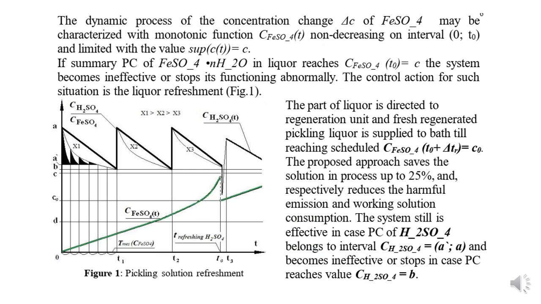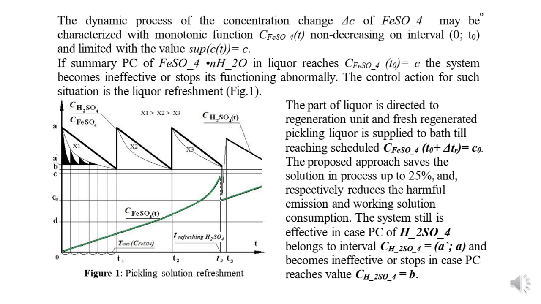The dynamic process of the concentration change delta C of ferrous salts may be characterized by a monotonic, non-decreasing function on the interval 0 to T0 and limited by the supremum value C. If the summary concentration of ferrous salt multihydrates in the liquor reaches the value C, the system becomes ineffective or stops functioning abnormally.